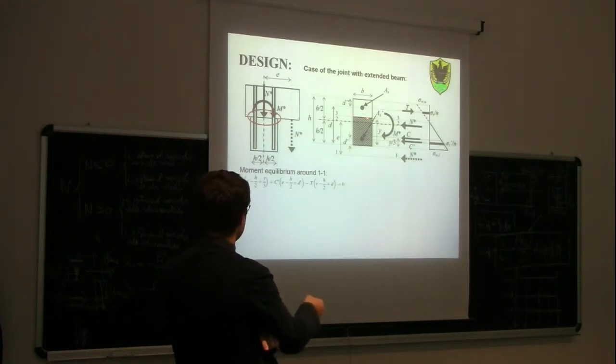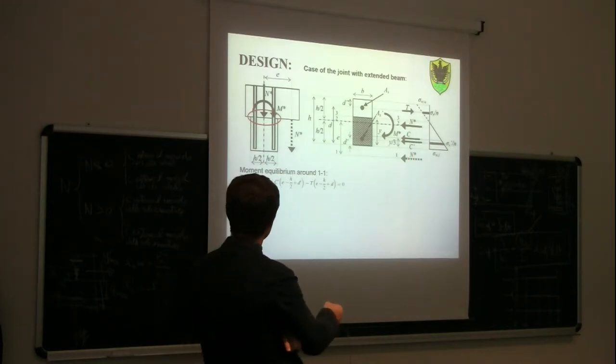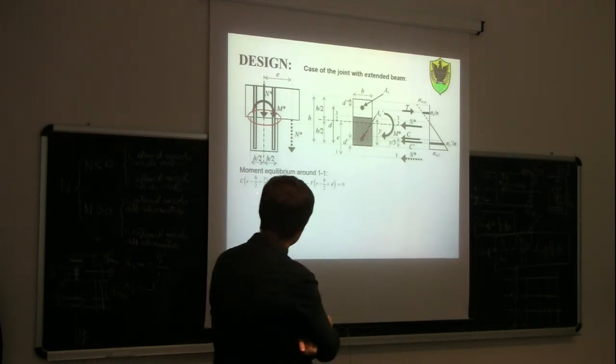The bending moment of this force C with respect to this line 1-1 will be C times (e minus h divided by 2, which is this distance here, plus y divided by 3). So C acts at 1/3 of y, and to this we need to add e minus h divided by 2. So this is the bending moment of C with respect to 1-1.